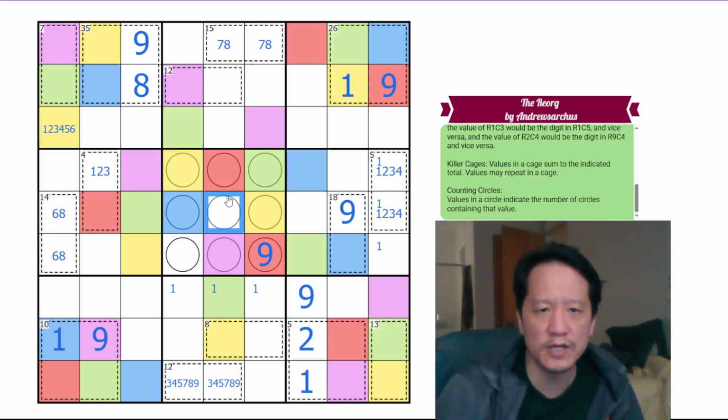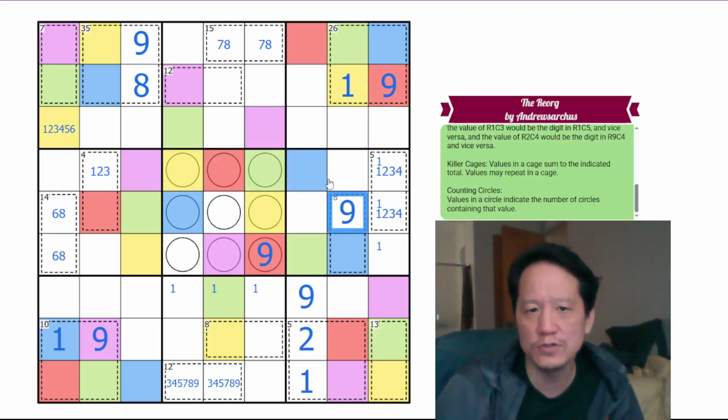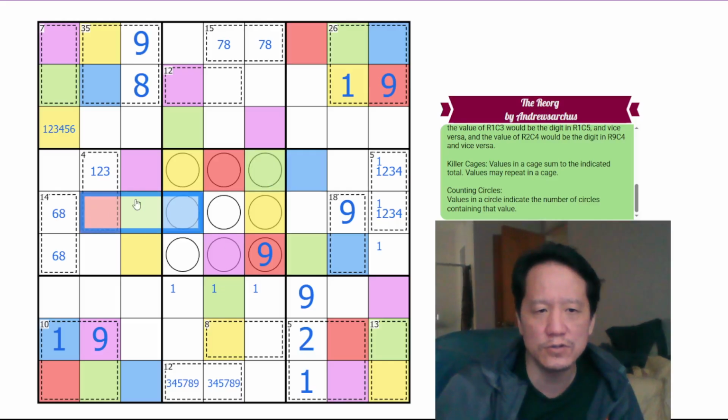This doesn't swap into anything, so these don't matter. Into circle, that's fine. Into circle, these don't matter, though. Into circle and cage, and then this doesn't matter. Into circle and cage, this doesn't matter. Into cage, cage, cage, cage, that's fine. And cage, cage, cage, cage. Okay.